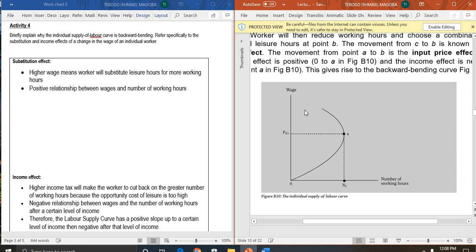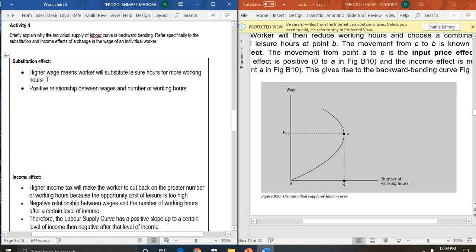It does, because as wage increases, the number of working hours is increasing. So that explains the substitution effect. I can then say from point 0, I'll just put it here that this is from point 0 to A.